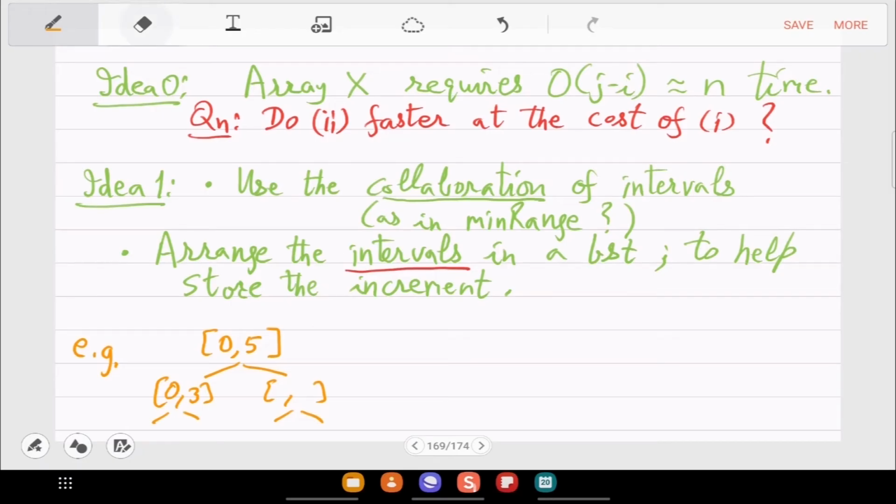Yeah, I think I need powers of 2. So that is another thing. I'll need the length of the interval to be a power of 2. So let me take 7. Okay, so this interval is of size 8.